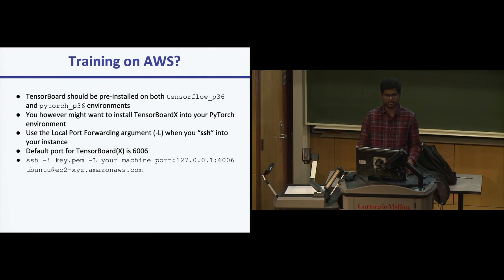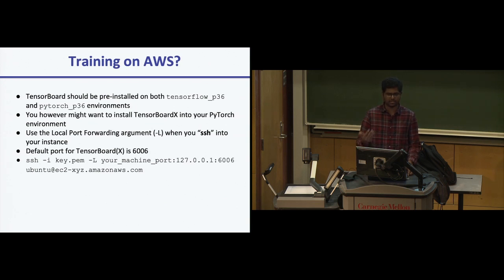When you're doing it on AWS, you would want to tunnel the port that is being created on your AWS instance so that you can see it locally. Like for your homeworks, you would be using the AWS instance and getting a particular link so that you can log in to the Jupyter Notebook from your local computer.